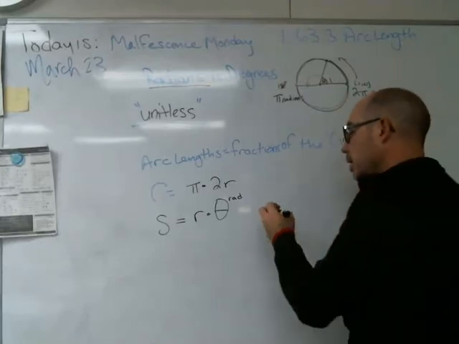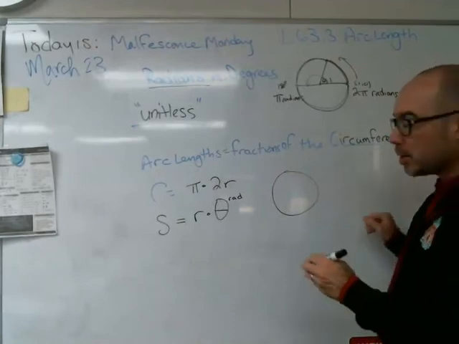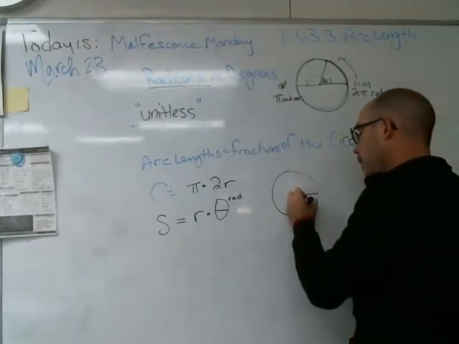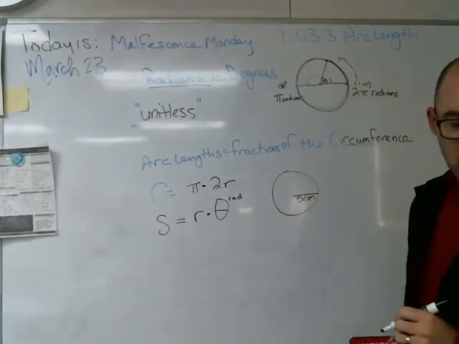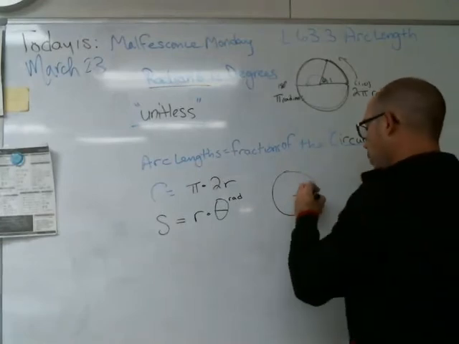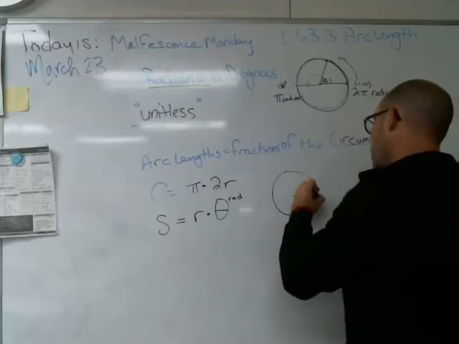So an example in the book: it's got a circle with a radius of 5 centimeters, and they would like to know what the arc length is if we rotate through 2 pi over 3 radians.